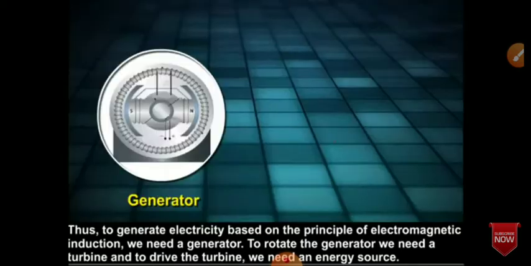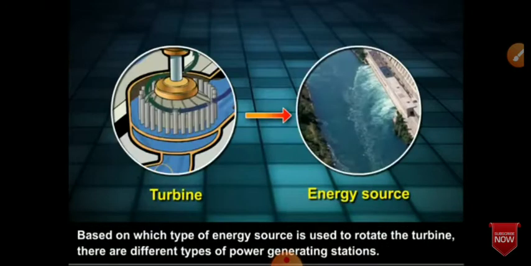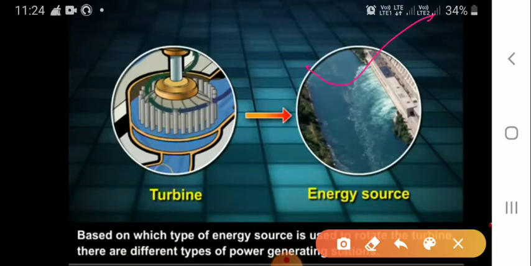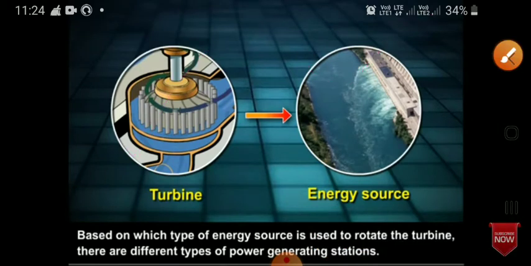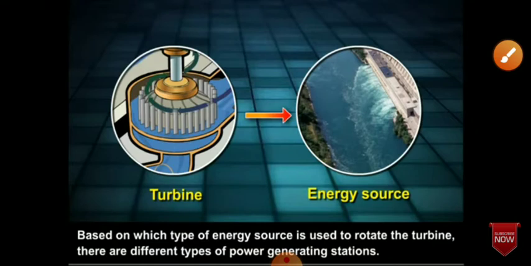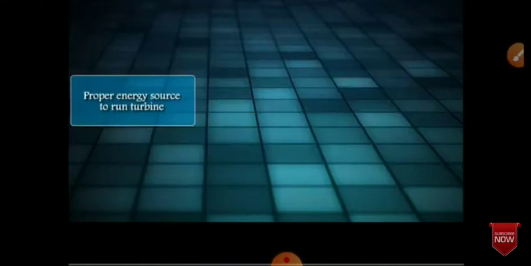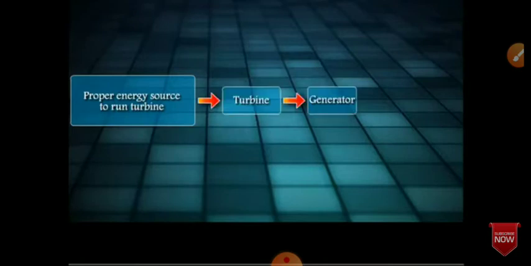This is the generator. You can see here the structure of the generator. This is the energy source. You can see this is the turbine. How the flow chart is there, that you can see here.